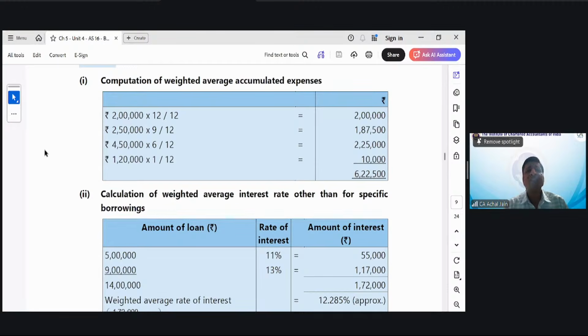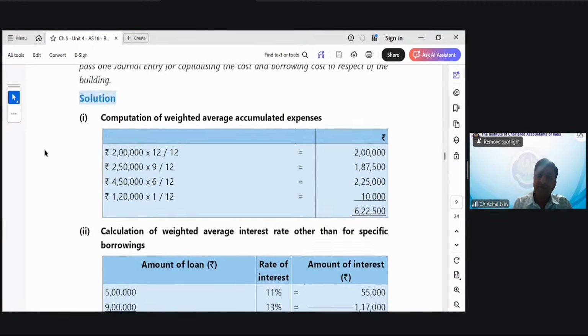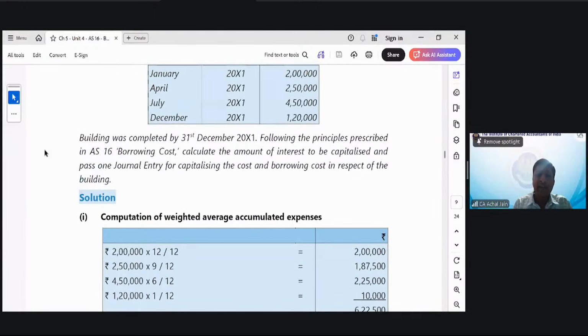See the amount which is spent on the project. Do we have that? Yes. 2 lakh in January, 2 lakh 50,000 in April, 4 lakh 50,000 in July, 1 lakh 20,000 in December.